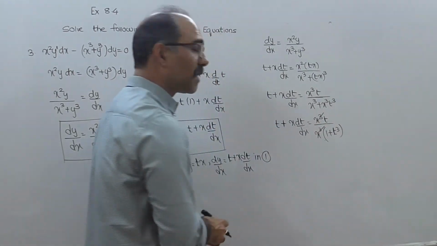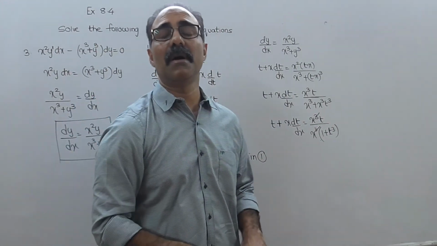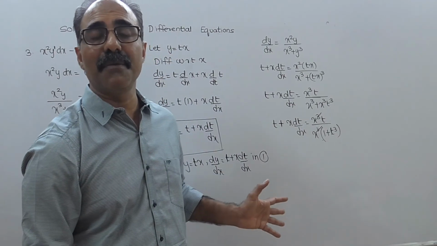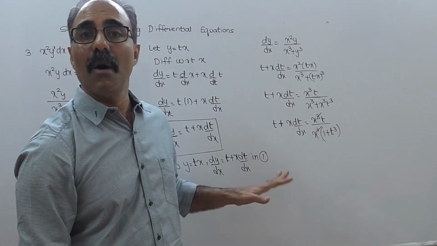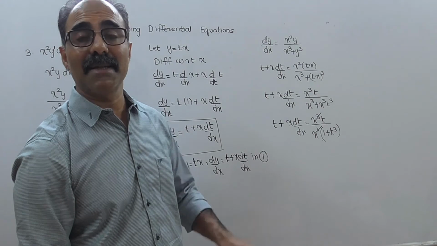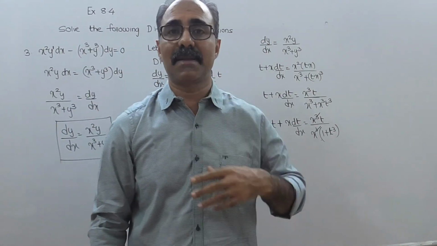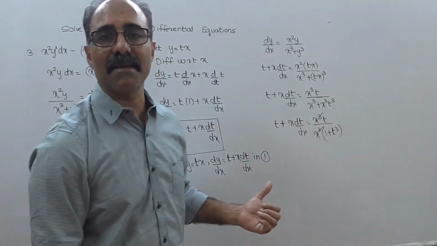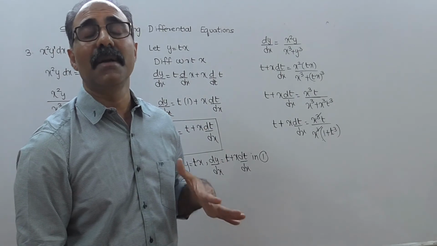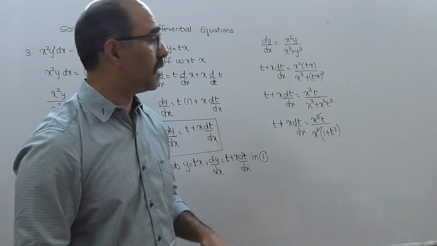That is what I was trying to explain. The moment you put the value for dy by dx and if you put the value for y, automatically x cube will get cancelled. Last sum I think x square got cancelled. In this case x cube is getting cancelled. So there has to be a cancellation in the x terms basically.